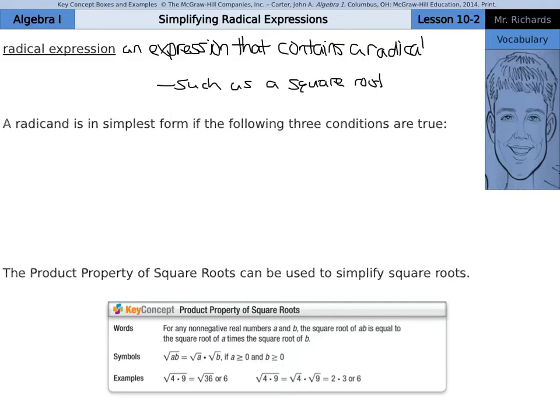A radicand is in simplest form if the following three conditions are true. First, no radicands have perfect square factors other than 1.